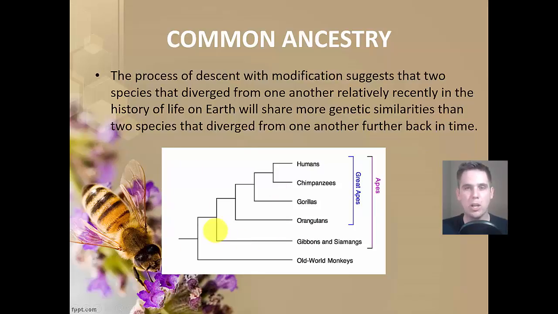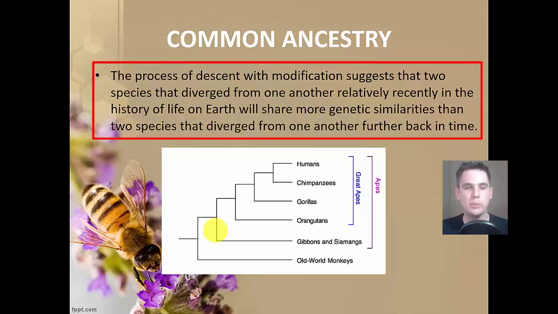One of the ideas of common ancestry is that the process of descent with modification suggests that 2 species that diverged from one another relatively recently in the history of life on Earth will share more genetic similarities than 2 species that diverged from one another further back in time.